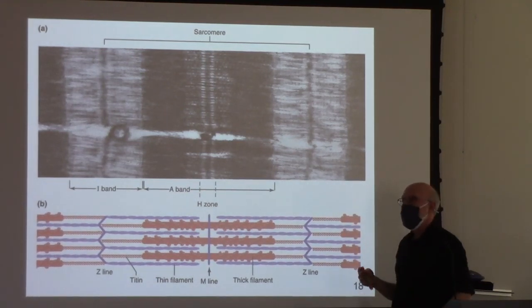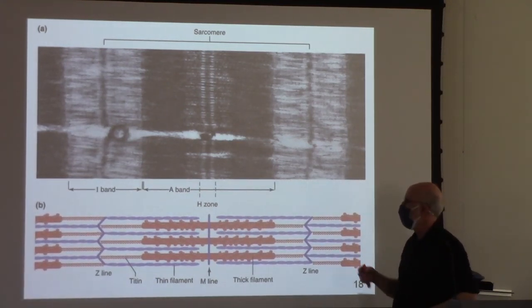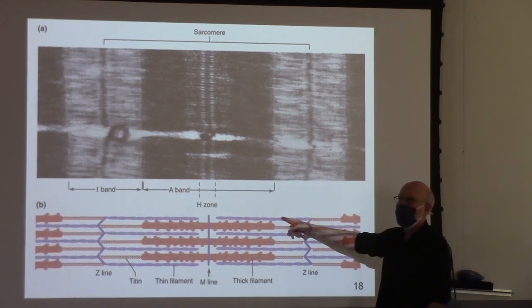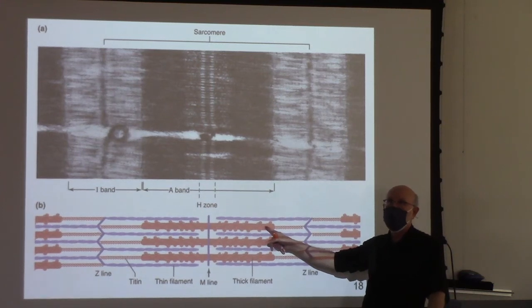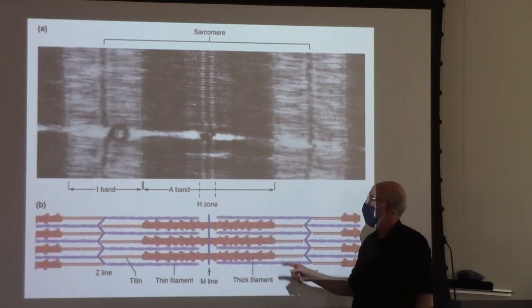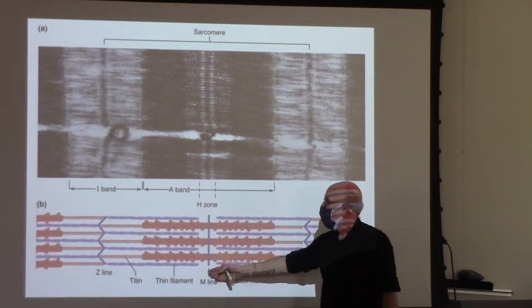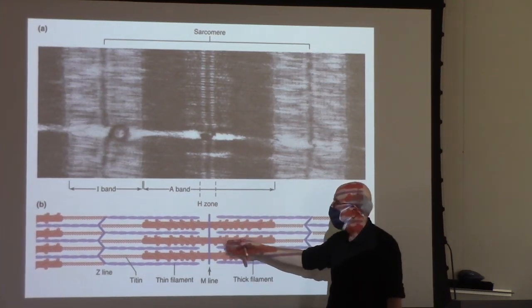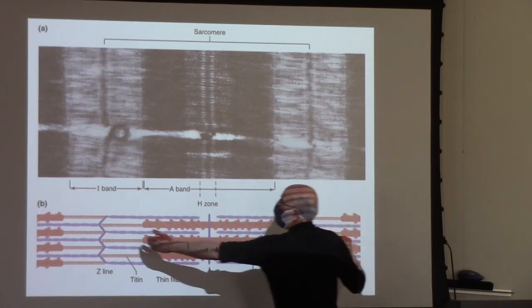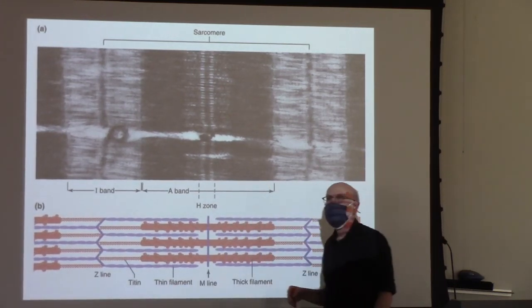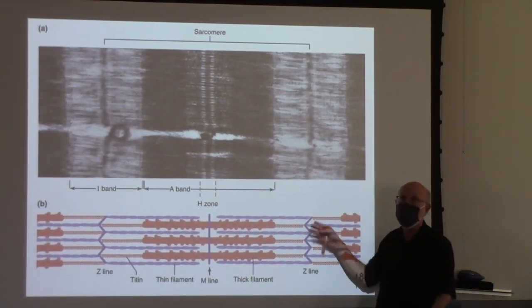Now let's introduce the names that I do want you to know. So we've introduced actin, troponin, and tropomyosin. Myosin makes the thick filament. The M line is the name of the middle of the thick filament. The Z line is where the thin filaments are attached.